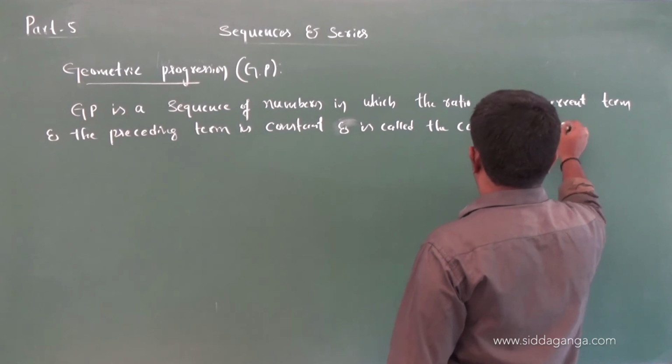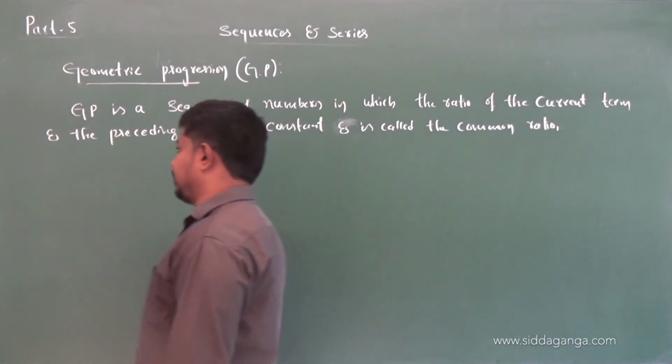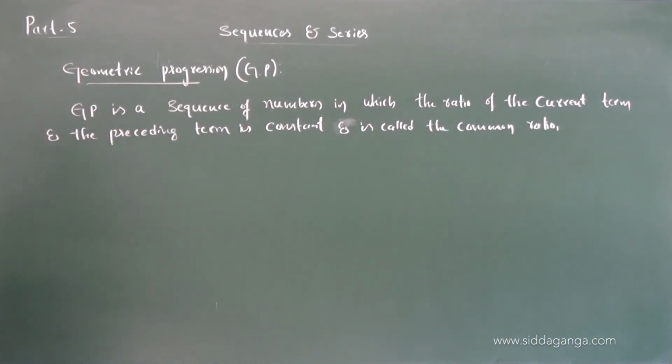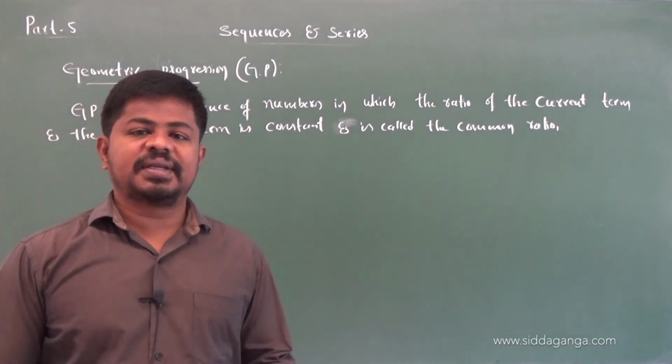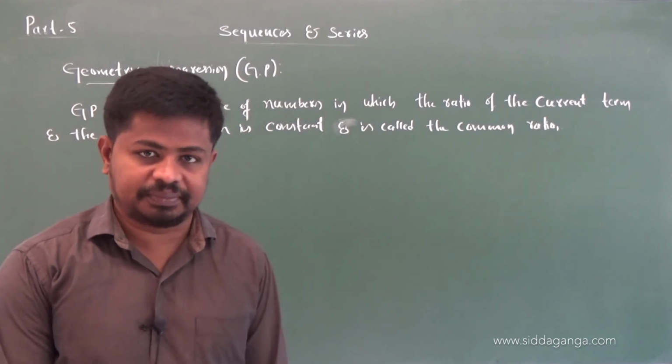Or we can also define it like this: a GP is a sequence of numbers in which the ratio of consecutive numbers is the same or constant, that is called the common ratio.